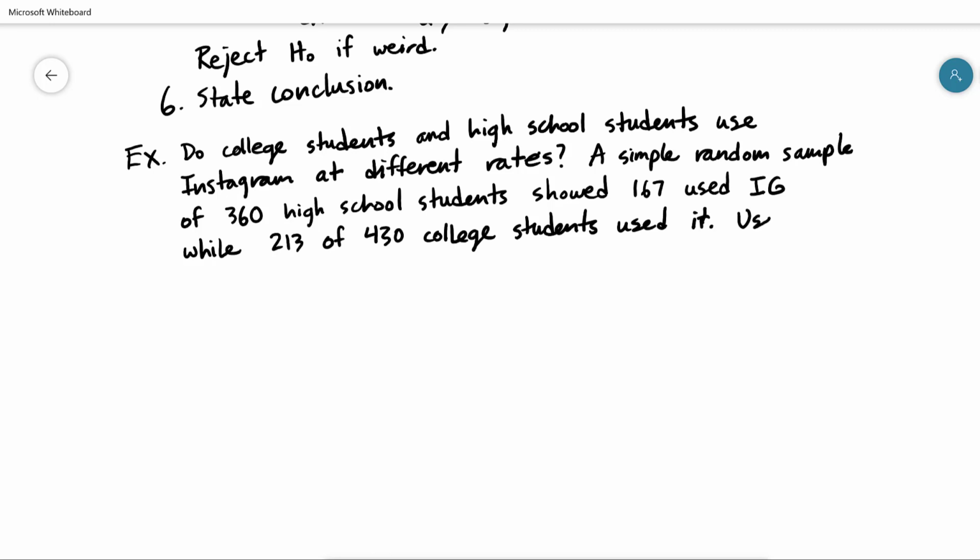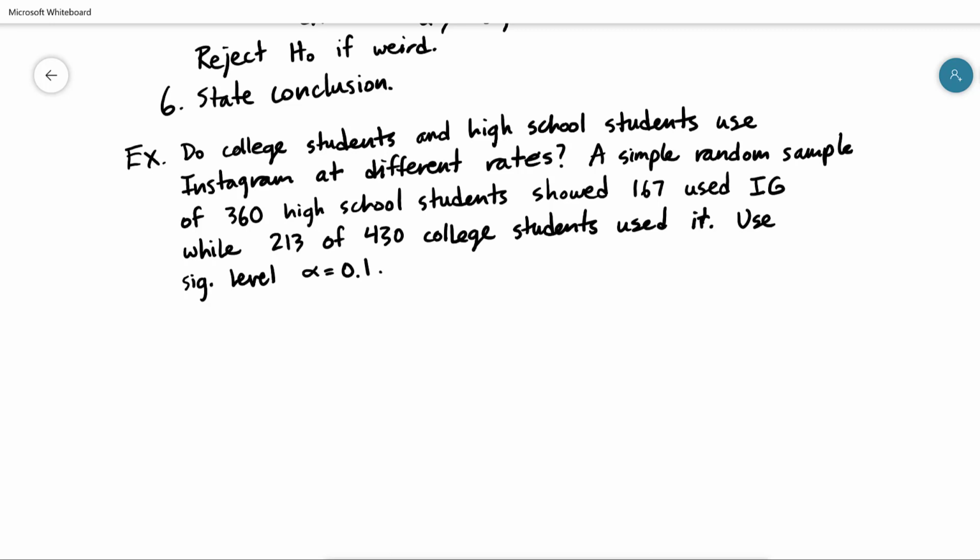And I want us to use a significance level that's different than some of the ones that we've done before. Let's use a significance level of, I don't know, alpha equals 0.1.